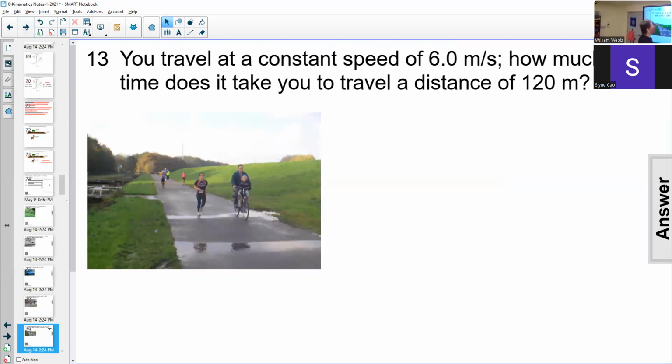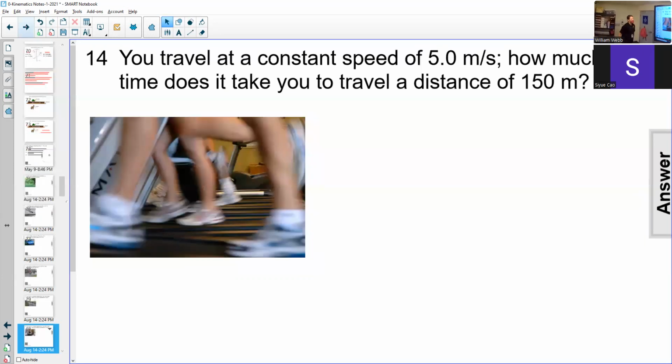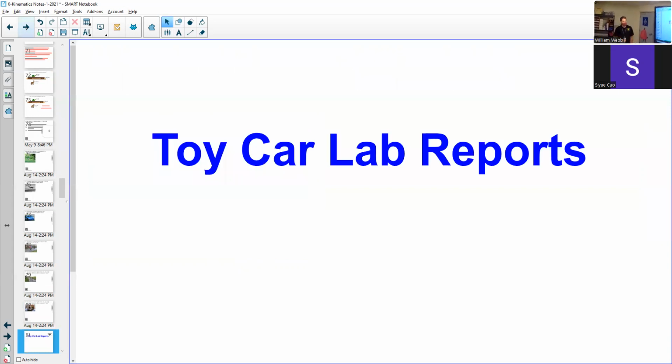Finally, you travel at a constant speed of 6 meters per second. How much time does it take you to go 120 meters? 20 seconds. You travel at a constant speed of 5 meters per second. How much time does it take you to go 150 meters? 30 seconds. Just some good, quick mental math to make sure you're processing it.